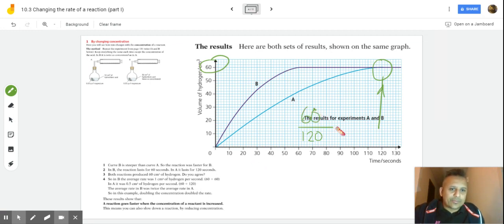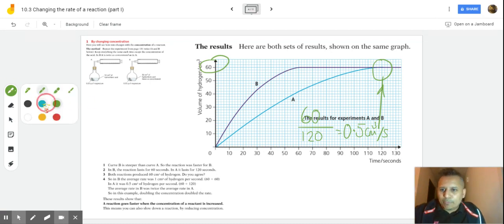So it was 60 centimeters cubed divided by 120, which gives an average of 0.5 centimeters cubed per second. That's the average mean reaction rate over the course of the chemical reaction in experiment A.